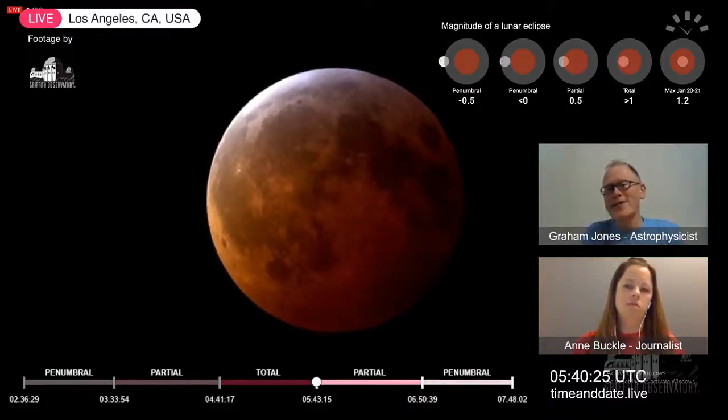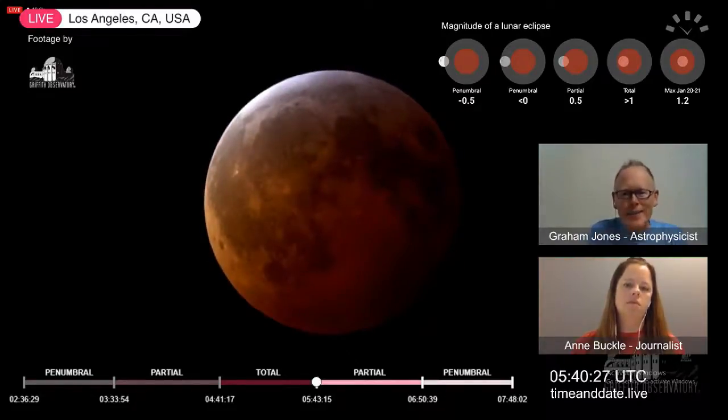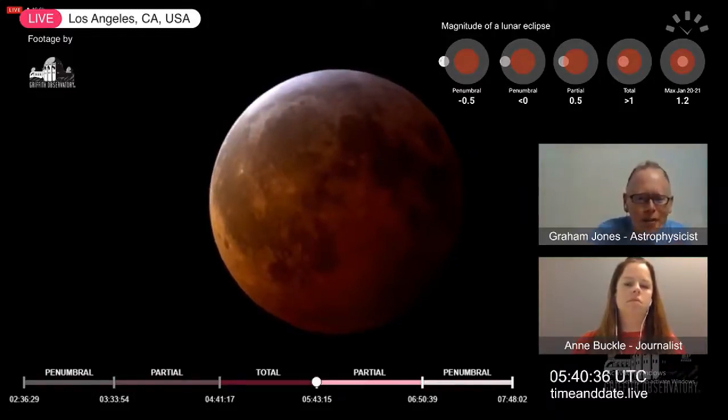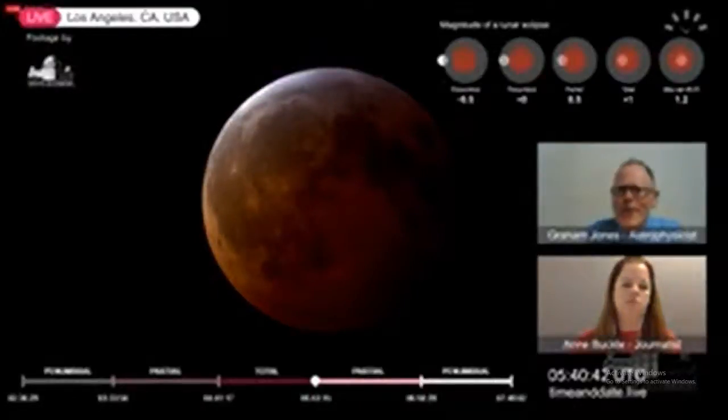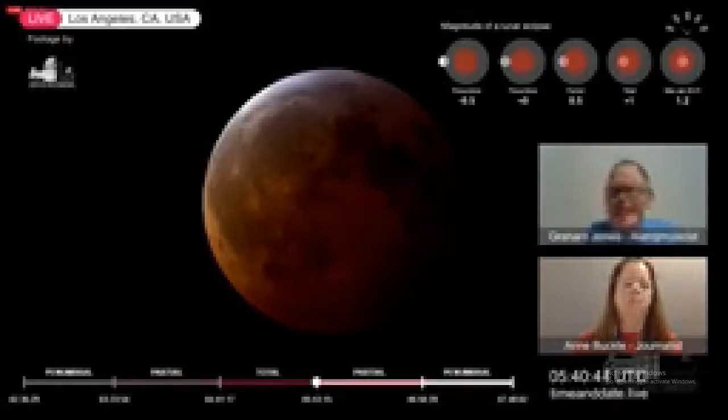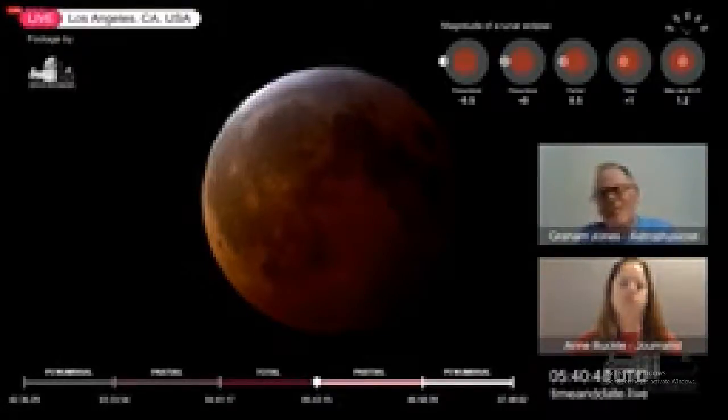Since then, the magnitude has been falling because the moon has been getting closer and closer to the edge of the umbra. In about a minute's time, as we go from the total phase back into another partial phase, that's when the magnitude will come back to 1. Because at that stage, all of the moon is within the umbra, but no more.